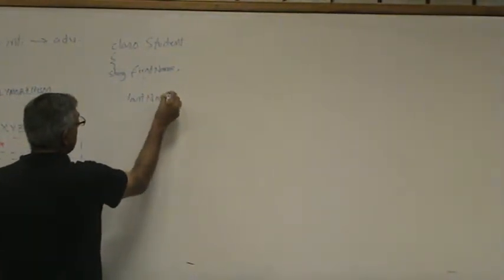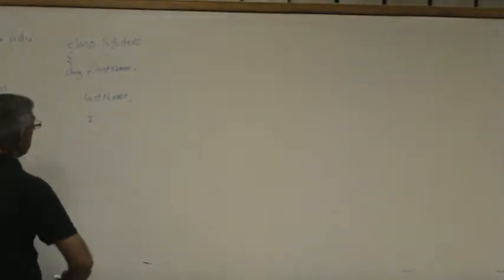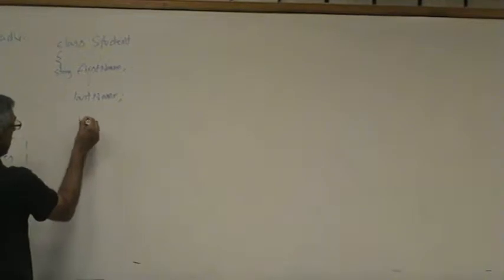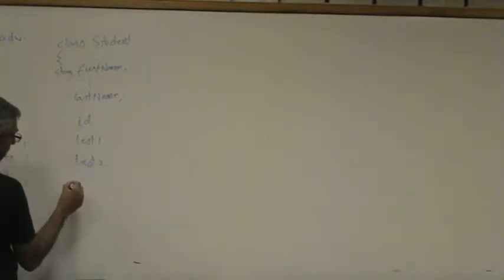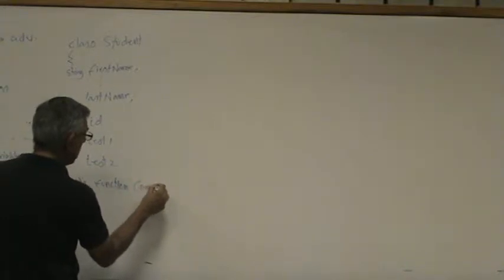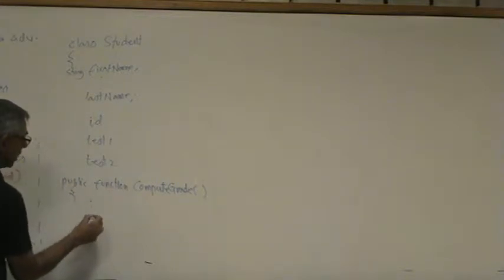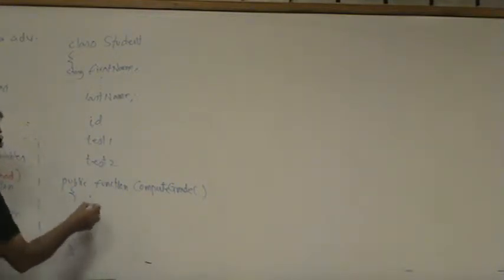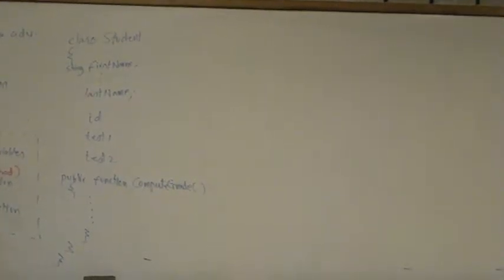We had last name, we had ID, we had test1, we had test2, and we had one function, compute grade, right? And whatever the code is. So this returns the grade A minus, B plus, whatever the grade is, right? So the class starts over here, finishes over here, okay?